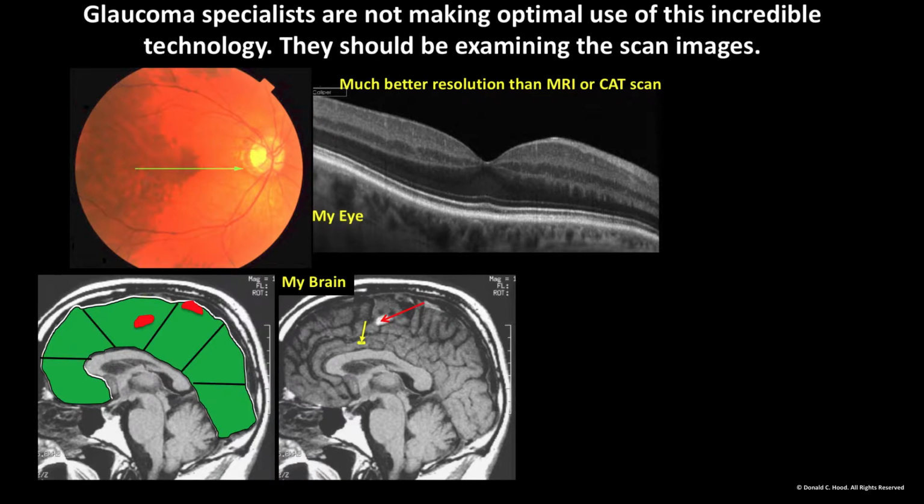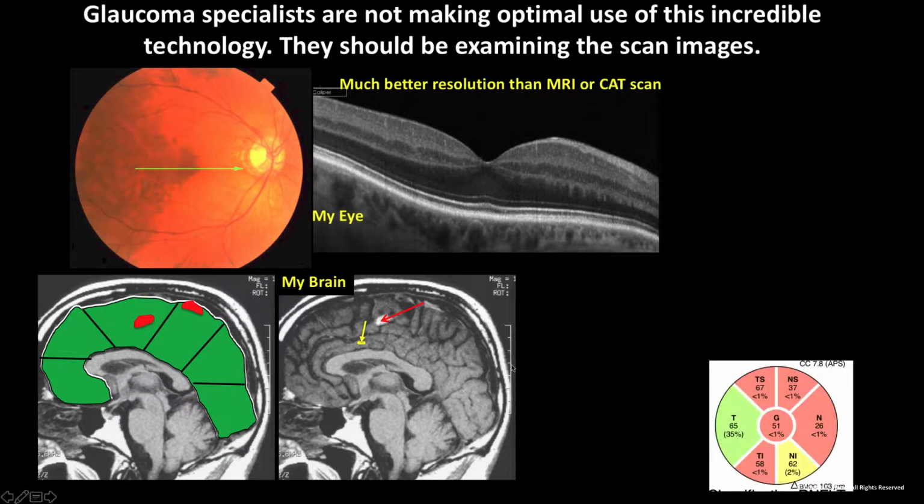And then maybe, would you want them to chop this up into sections and then average those sections? Well, this pizza pie plot from the OCT, that's what we're doing with these images, in this case circumpapillary images, right? And then we look at global thickness often.